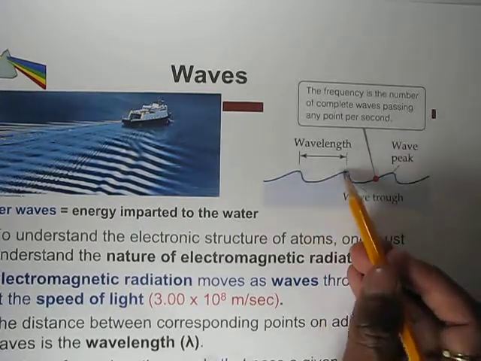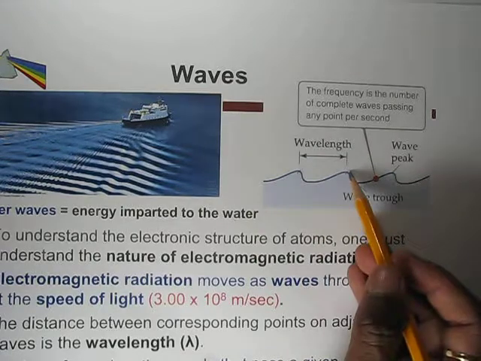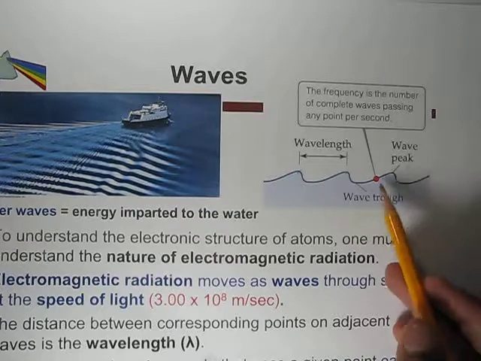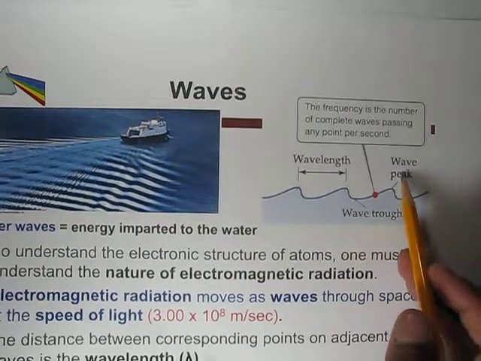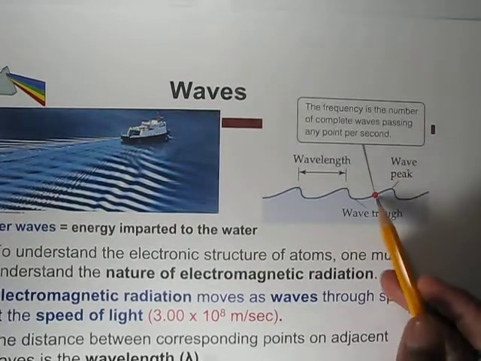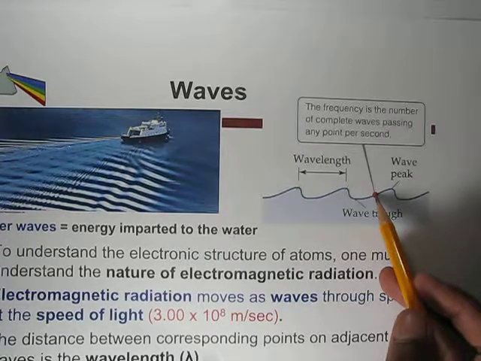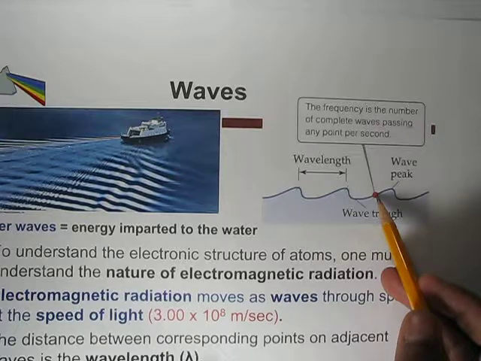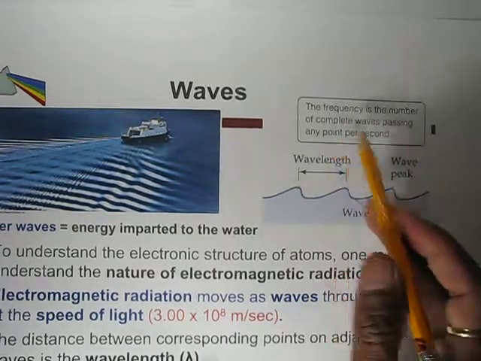The distance between the two high ends is called wavelength, and this is the peak value. If we put a point here and we have to find out how many waves pass this point in 1 second, that is called the frequency.